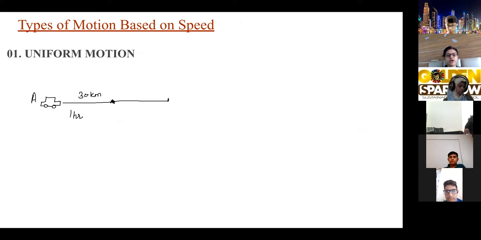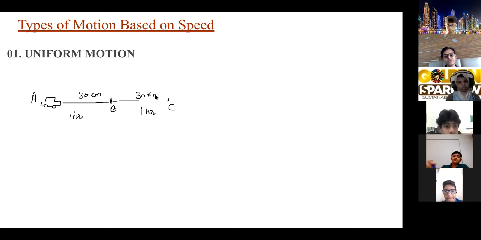Then next 1 hour, from here to here, it is 1 hour. So at point B, it covers 30 kilometers. Now B to C, again it takes 1 hour and again it covers 30 kilometers only. Now from C to D in 1 hour, again it covers 30 kilometers only.